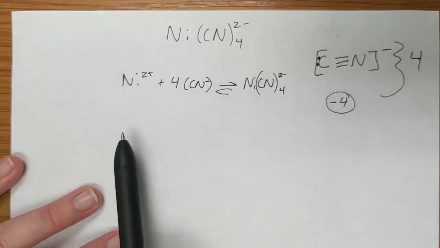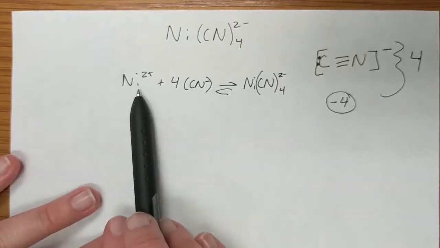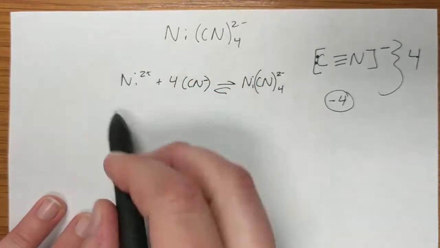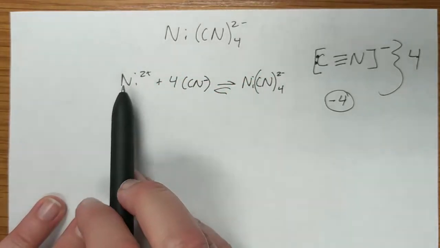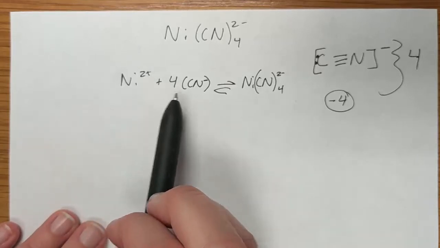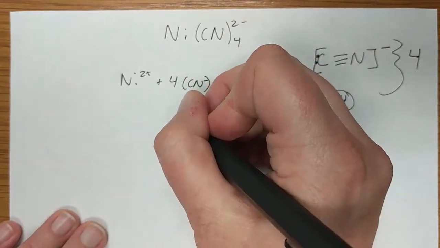So to begin with, when we're thinking about this, what makes it so easy for nickel to bind with cyanide? Well, nickel is what's going to be called a Lewis acid, because by having a 2+ charge, it has a region, if you will, that is going to be positively charged, which is going to make it attract these Lewis bases very easily in solution.